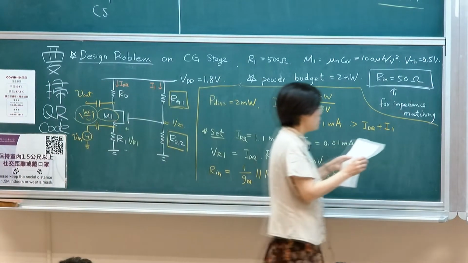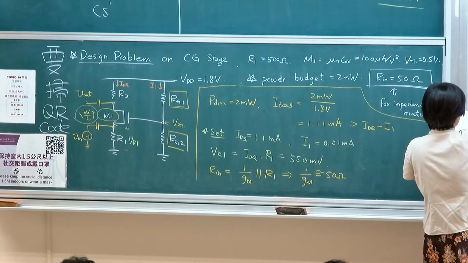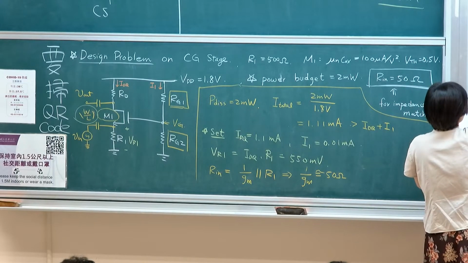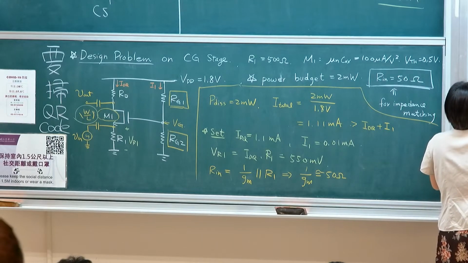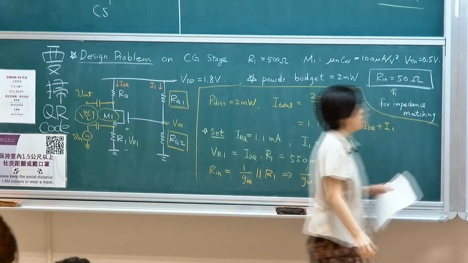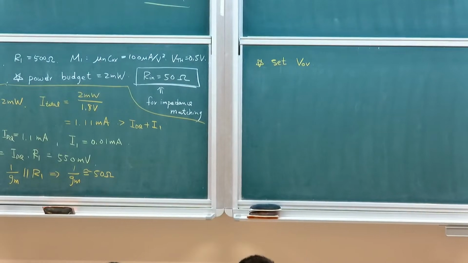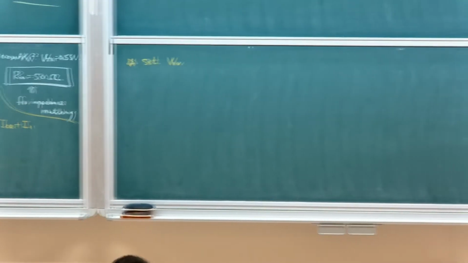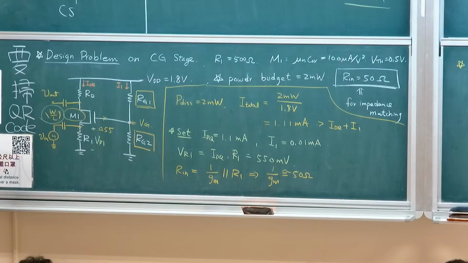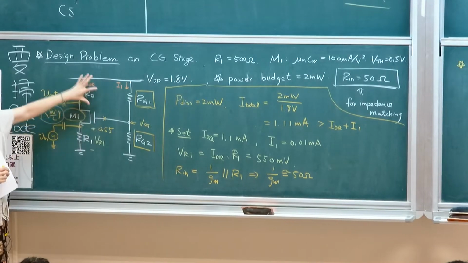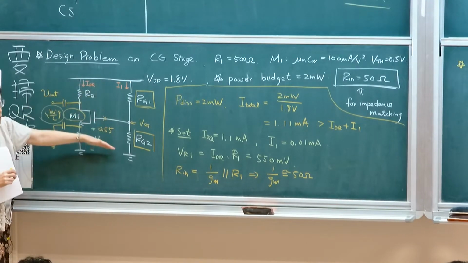So the way to do this is that you want to set your biasing conditions. So we're going to set a VOV, an overdrive. You can set your own overdrive depending on the biasing condition. We already know that this is 0.55. So you should design where your VG should be, determined by the overall scope of your biasing condition.